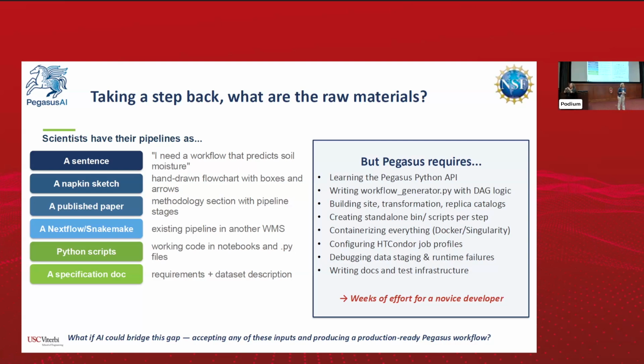We heard that that's a barrier to some users as well. You need to configure Condor profiles. So there's a bunch of things you need to do, and it takes weeks to learn all that and to do it well. That's a lot of effort for somebody who might not be computer savvy.